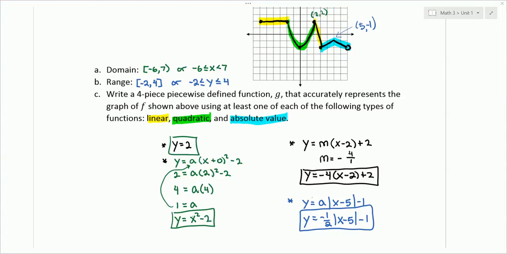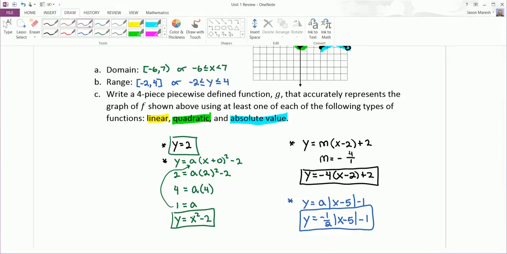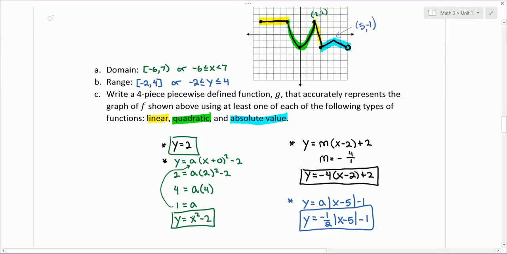So now I have my 4 different pieces, but all 4 of these pieces belong to a function over some interval. Okay, so that first equation, the y equals 2, it's only y equals 2 from certain x value to another certain x value.